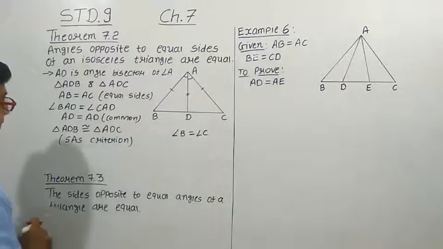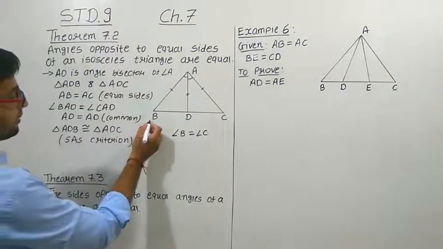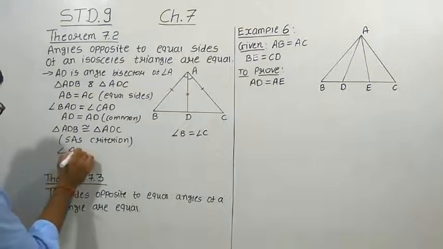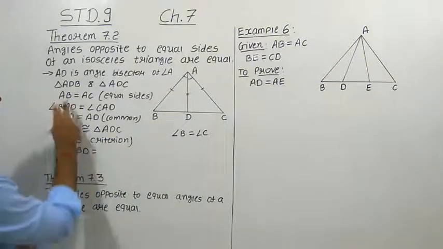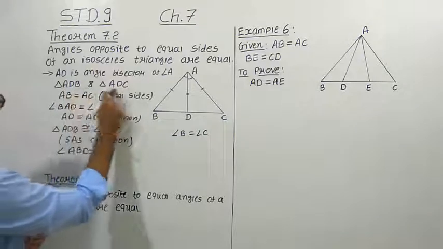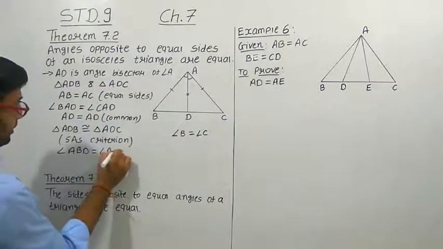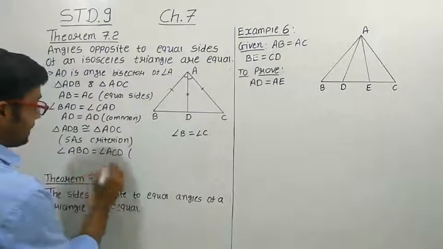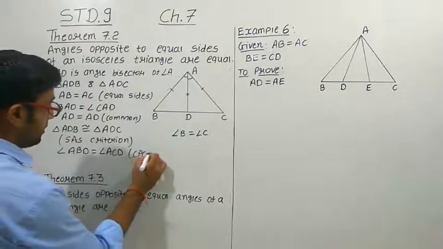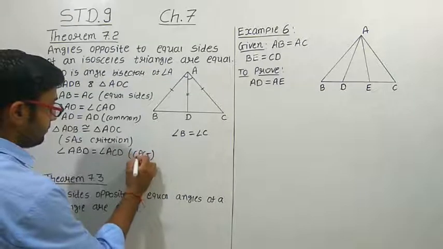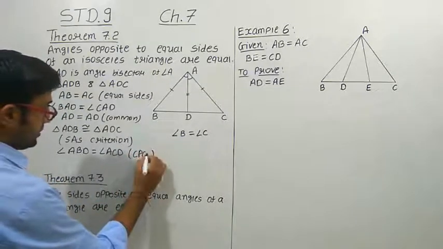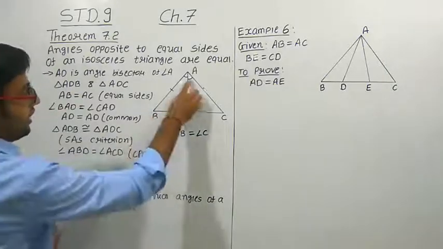So if we take angle ABD of this triangle, and then angle ACD, these two angles will become equal according to CPCT. Now, what is ABD?